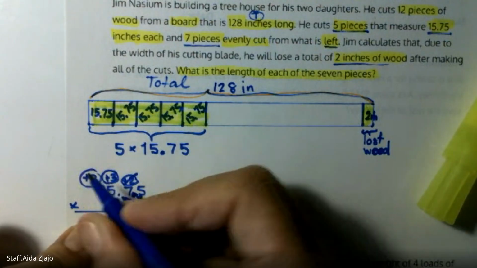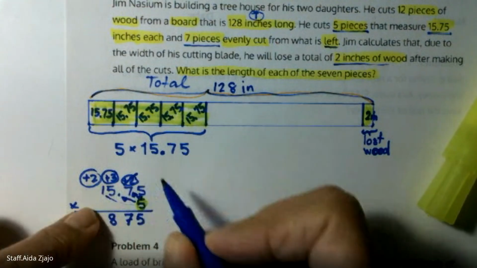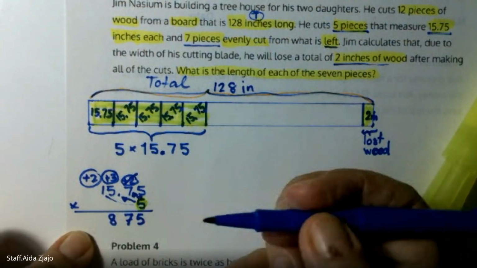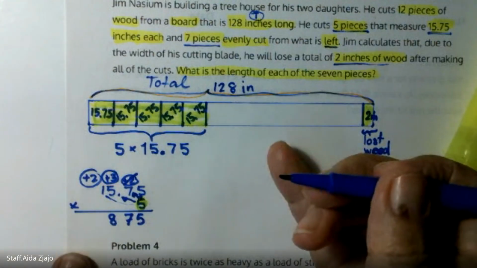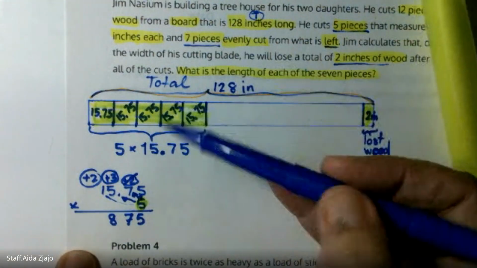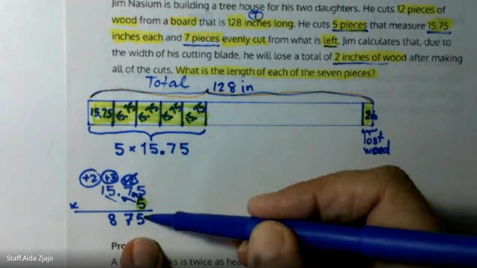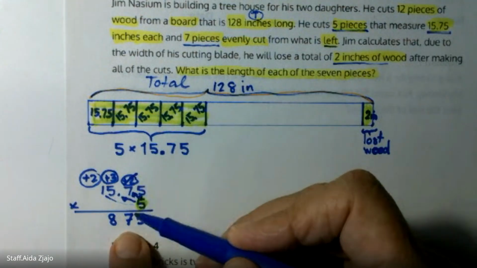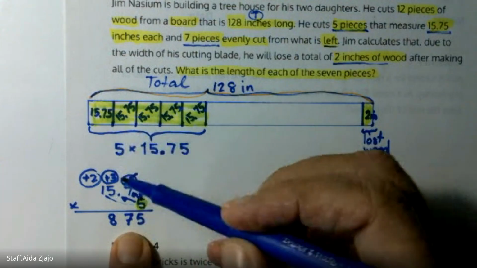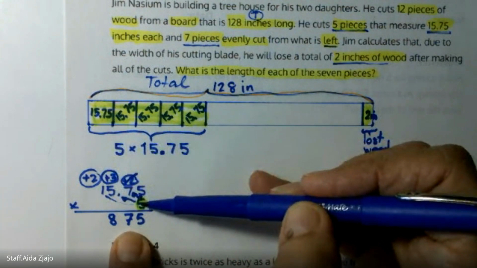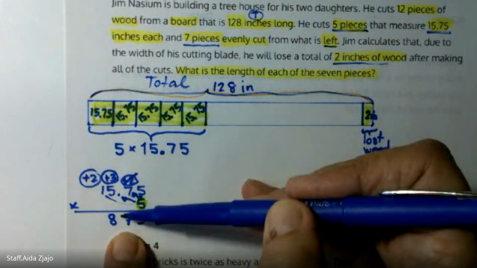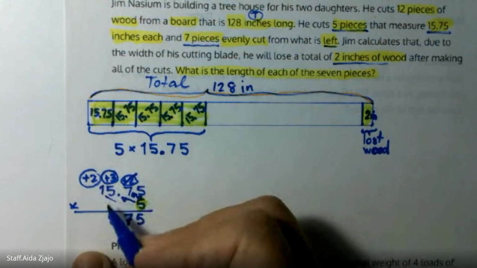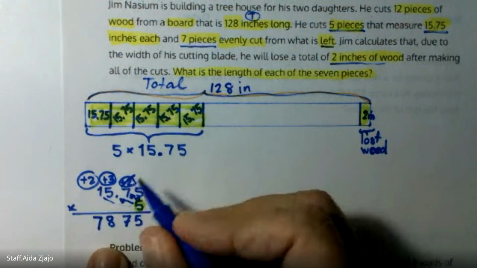Write 8, remember 2. 5 times 1 is 5, plus 2 is 7. All right.